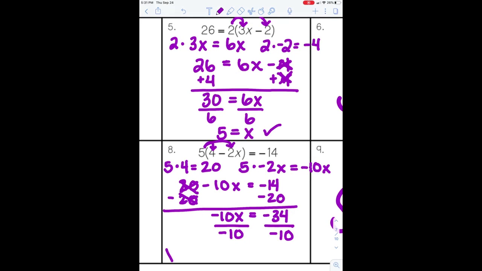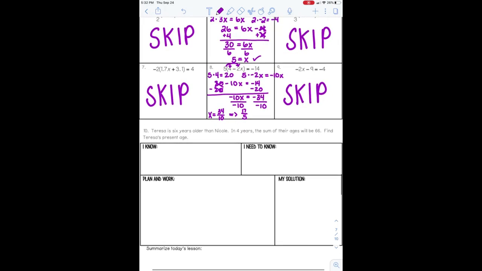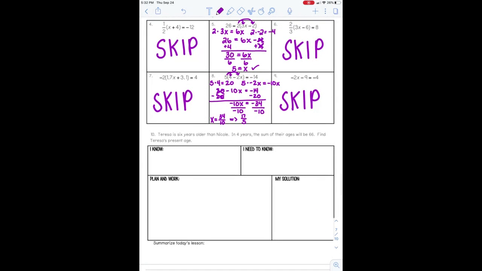And that is going to give me x is equal to 34 over 10 as a fraction. And it's positive, guys, because negative 34 divided by negative 10 will give us a positive answer. And I'm just going to simplify that improper fraction to 17 over 5. Feel free to leave your answers as improper fractions. That is totally okay. Okay?